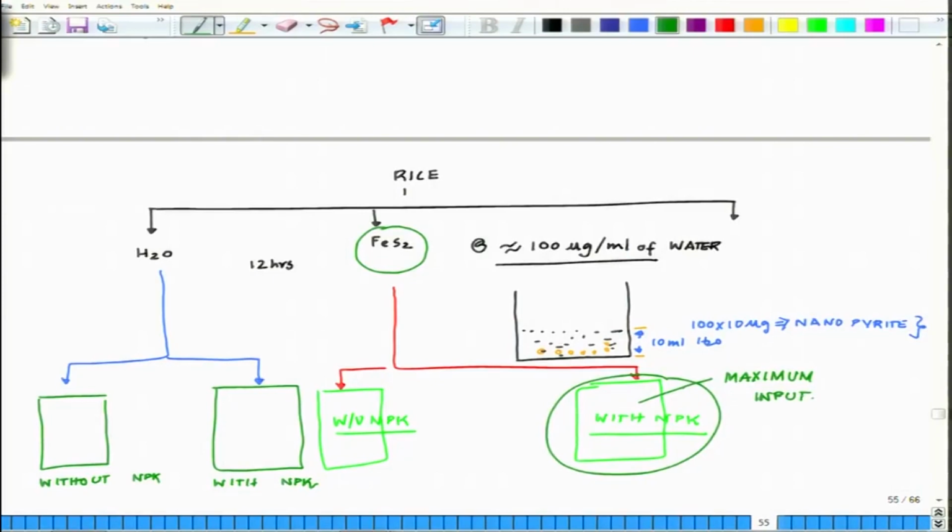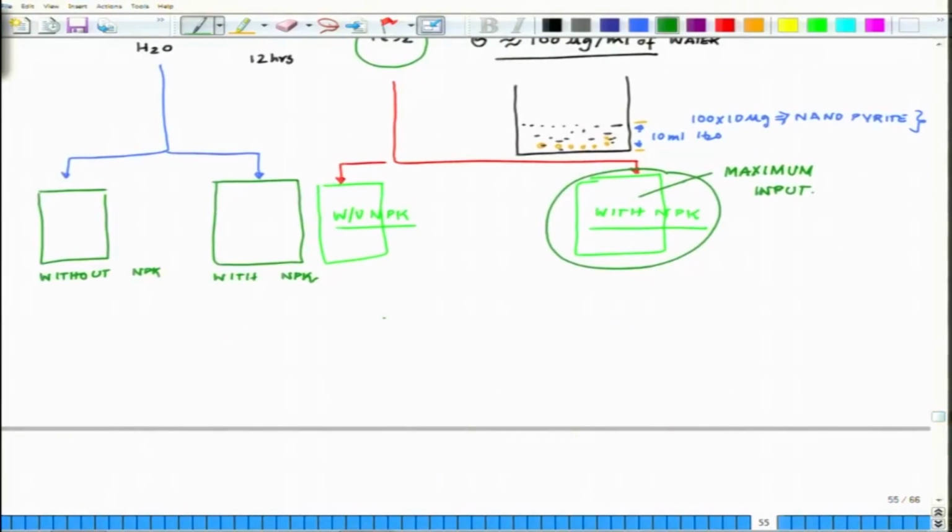So, now after treatment, what was observed? There are 2-3 interesting observations which emerged out from this study. If we look at the days to maturity for these crops in the field, and I name the groups A, B, C, D, for all of them it is more or less the same.